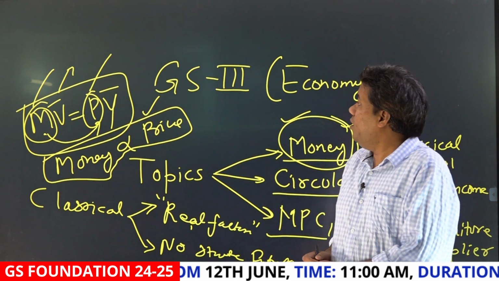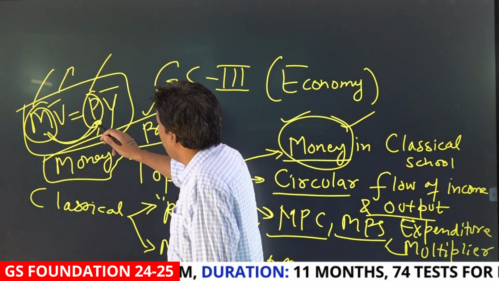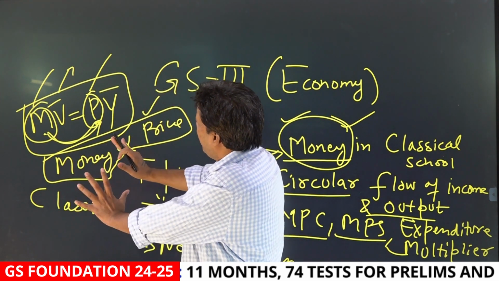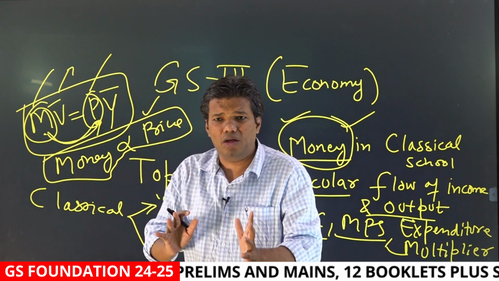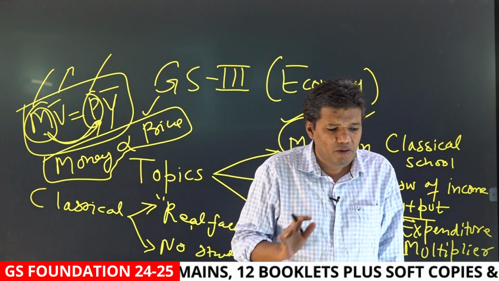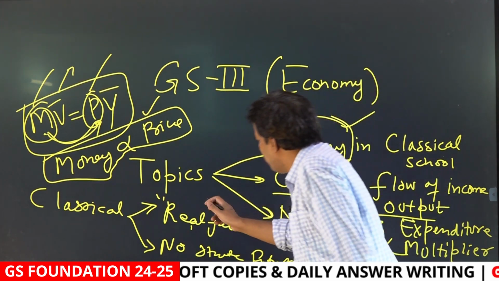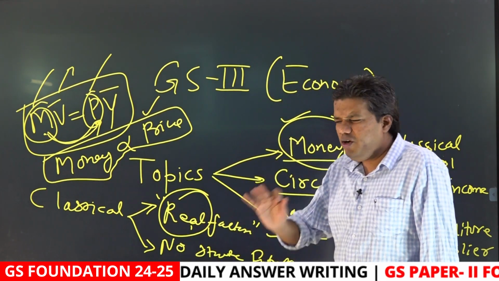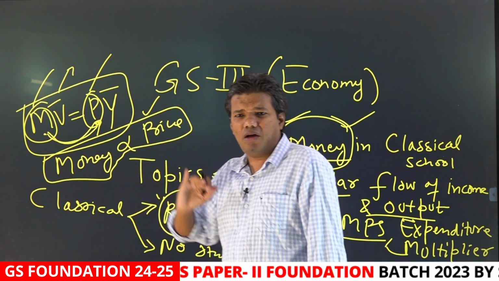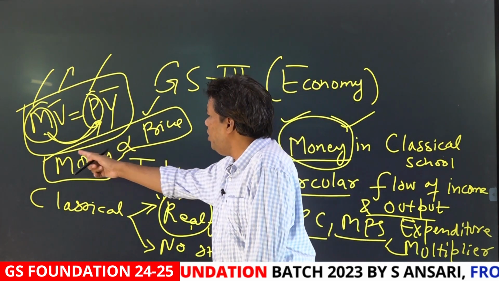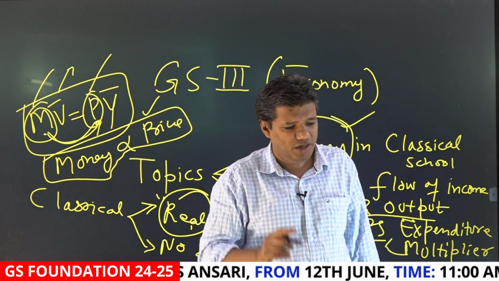If you take this thing that money supply is influencing your price level, to that extent only your monetary policy is important for the classical school. Otherwise, monetary policy is not important, see, the classical school says that it is based on the real factor. So they do not give much value to monetary policy other than this thought: that money supply influences price and nominal income.